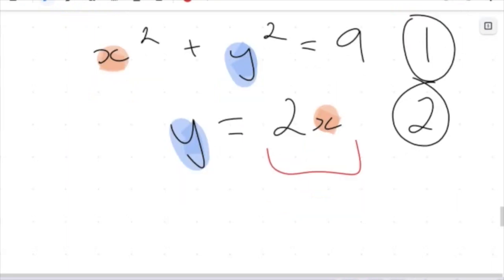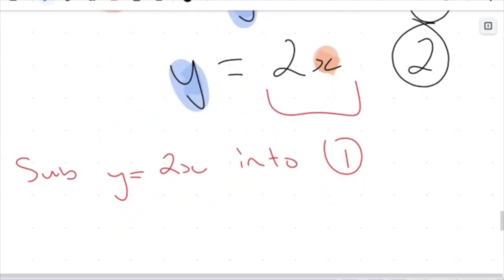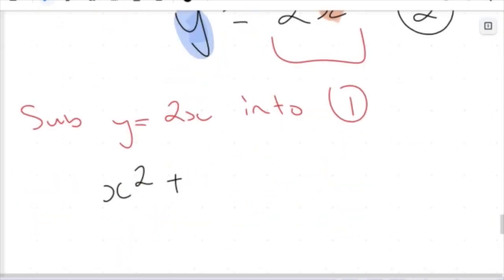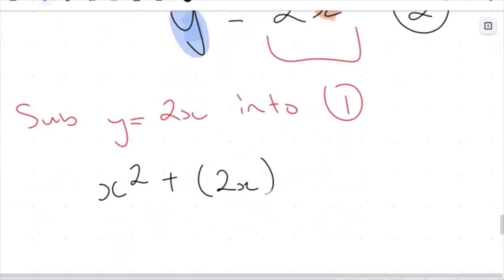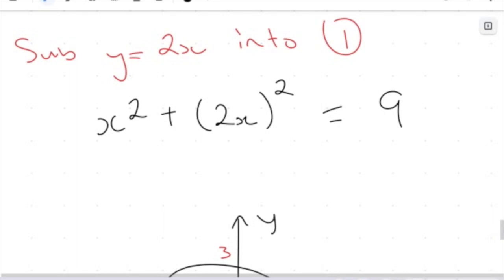So what I'm going to do is I'm going to sub y equals 2x into equation 1. So that's going to give me x squared plus 2x all squared equals 9. And now I just want to square this particular thing here and see what I end up getting.